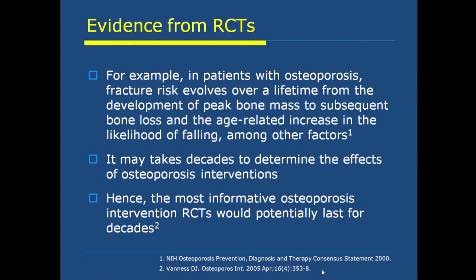For example, in patients with osteoporosis, fracture risk evolves over a lifetime from the development of peak bone mass to subsequent bone loss and the age-related increase in the likelihood of falling, among other factors.